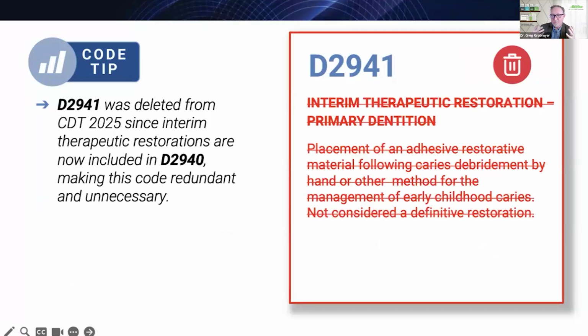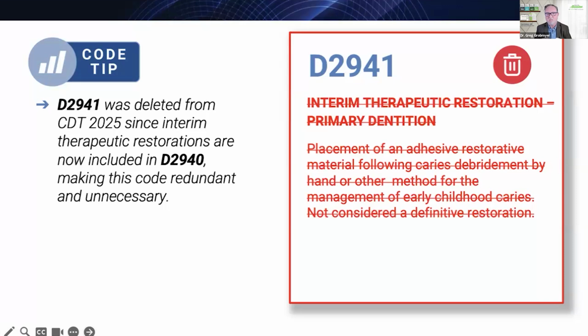Most of the time, this was sitting a kid in your lap and maybe spooning out some decay, possibly putting some IRM or some type of temporary material in there without fully treating the caries. It wasn't considered a definitive restoration, but it was caries debridement by hand or other method, and then temporizing it until something else can be done.